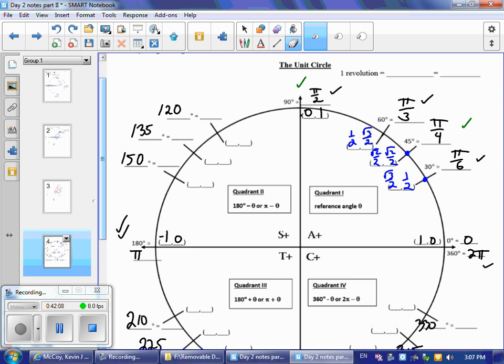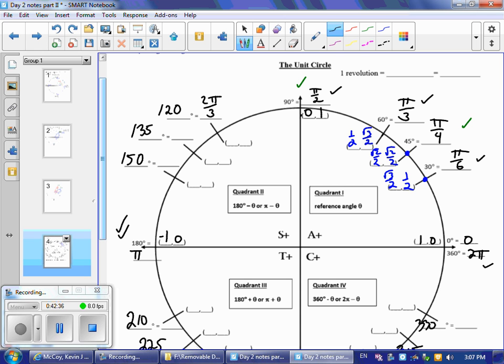So the next one, right over here at 120 degrees, is going to be 4/6 of a pi. But that reduces, so we can't write it like that. It must be in reduced form. 4/6 reduces to 2/3. So this is 2 pi thirds.